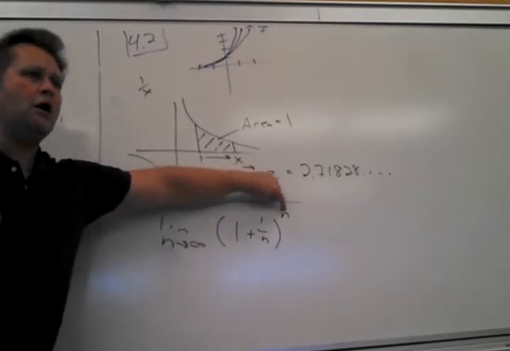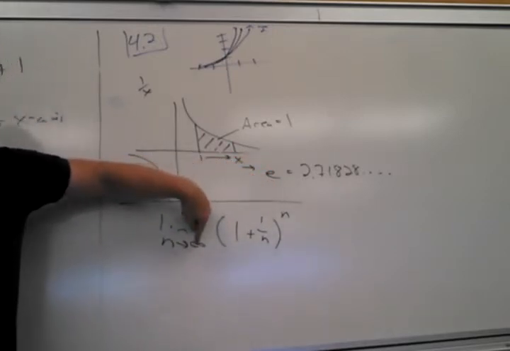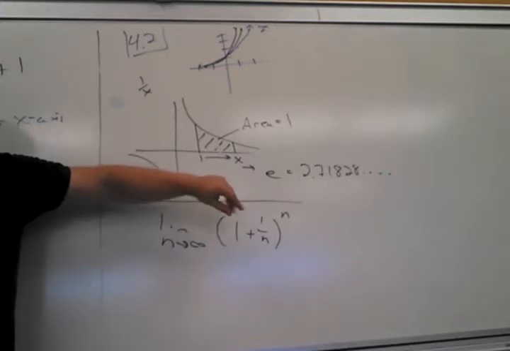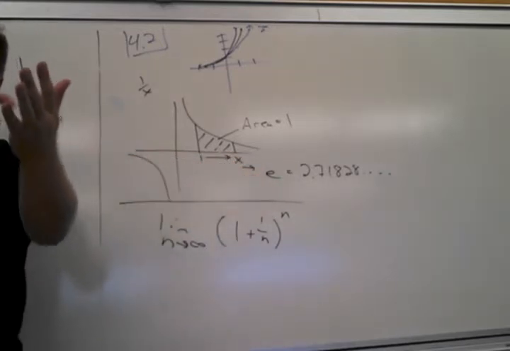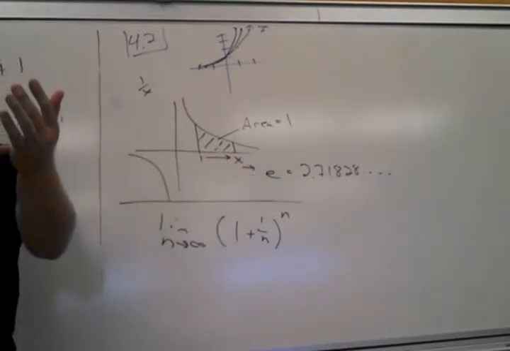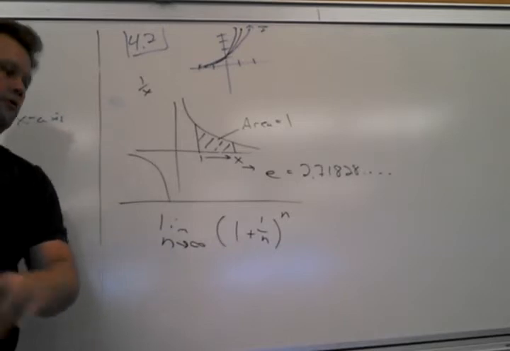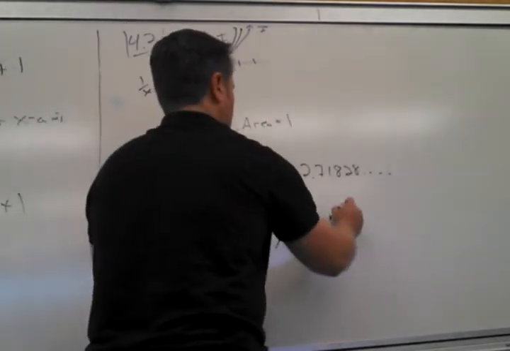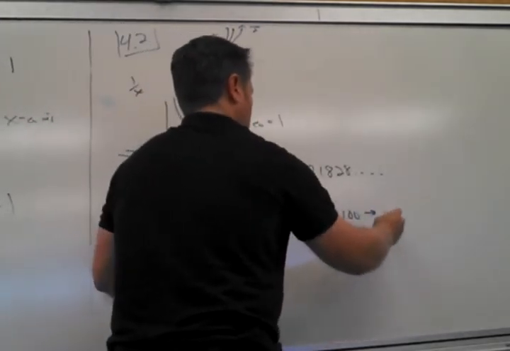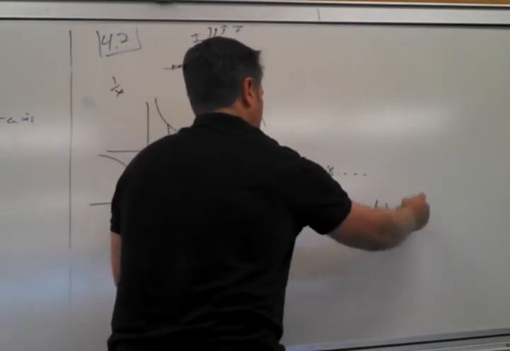But what's happening to the power? It's increasing. It's getting really big. So do me a favor: do 1.01 to the 100th power. So n is 100, we'll get 1.01 to the 100th power.